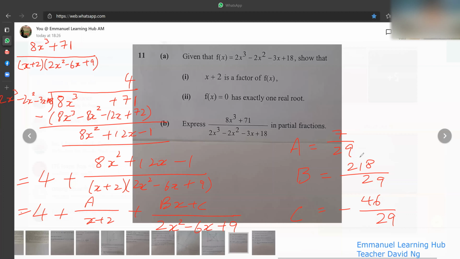You write down the answer for ABC first. You can copy just the last part and the answer for ABC, then see if you can find your ABC or not. Copy finish already? Okay.